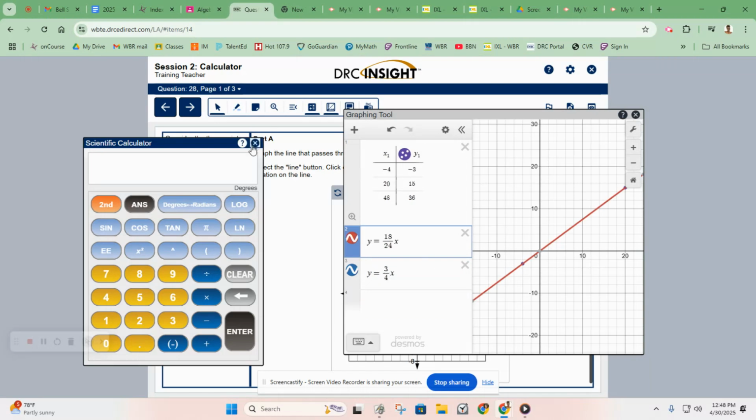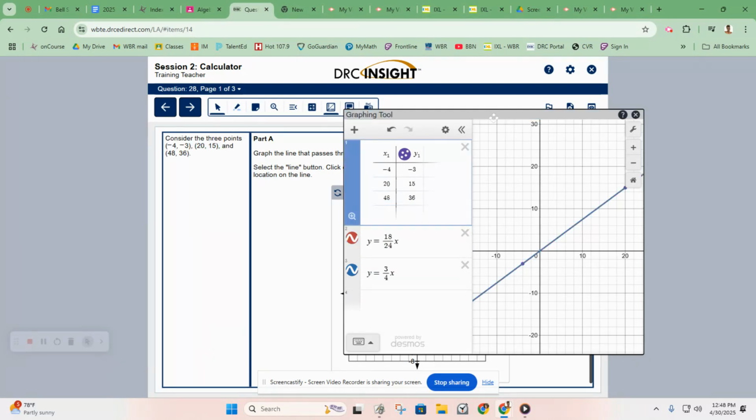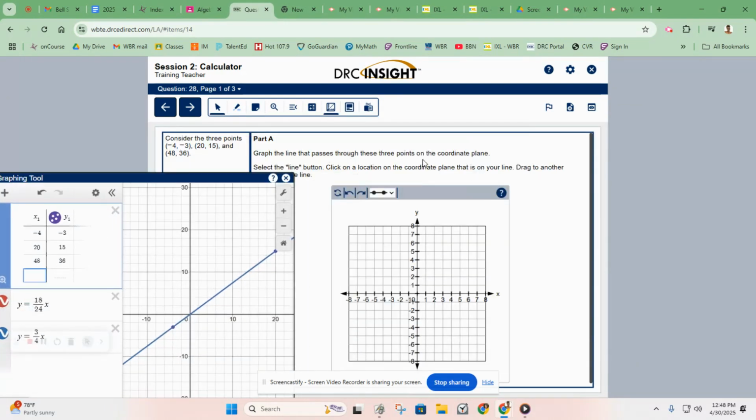So now I can use this slope to find what my next point is. So let's go back to this little line tool. I'm going to start at the point (-4, -3) right here. I'm going to rise 3, 1, 2, 3, then go over 4. And it goes right here through the origin. I can check some of these other points.